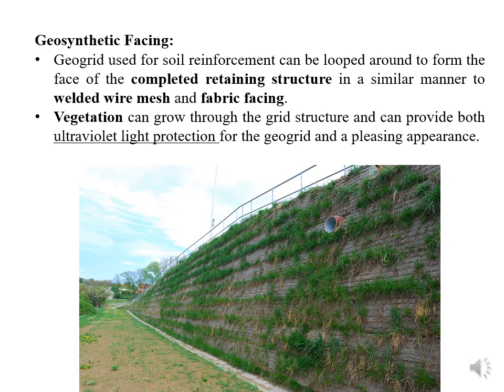So whenever we use vegetation, the beautification also occurs. It will look good, and it will also protect the synthetic material which you have used as facing for the soil reinforcement walls.